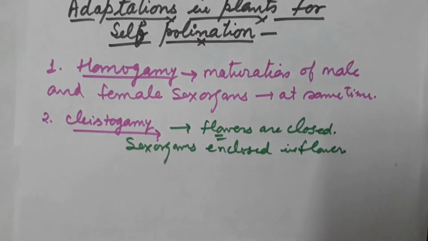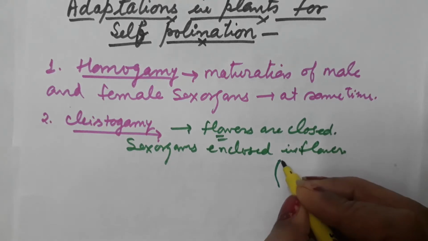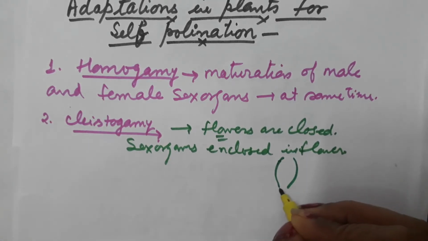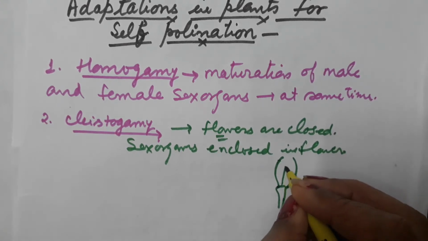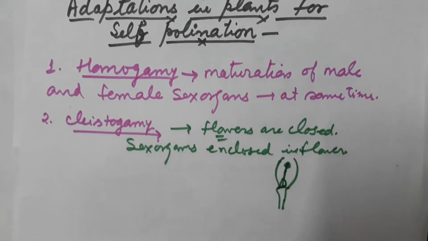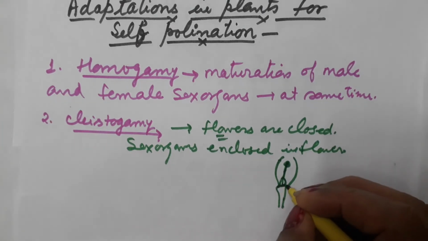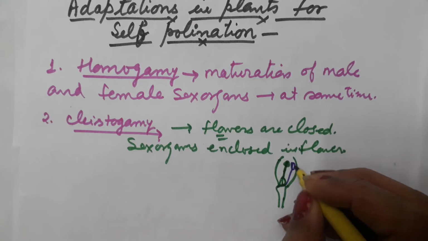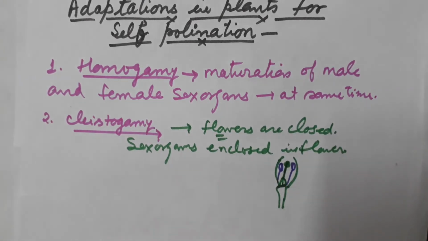If I draw this structure, it is like that. These are the petals present on the thalamus. In the center, there is the carpel, with stigma, style and ovary. And along with this, there is the anther, and anther and filament constitute the stamen.